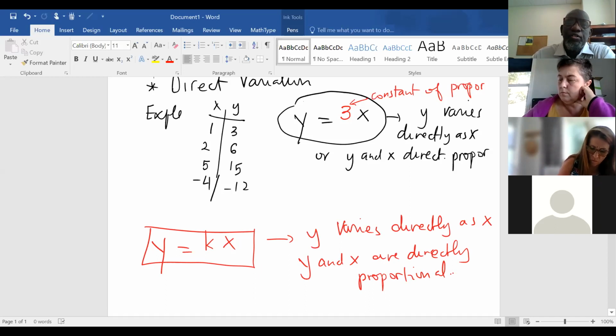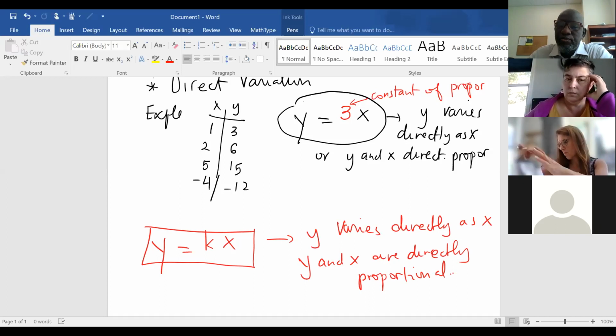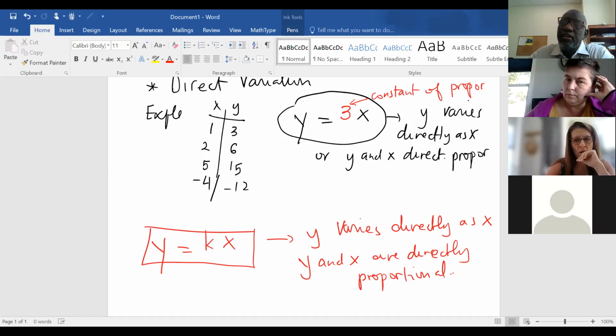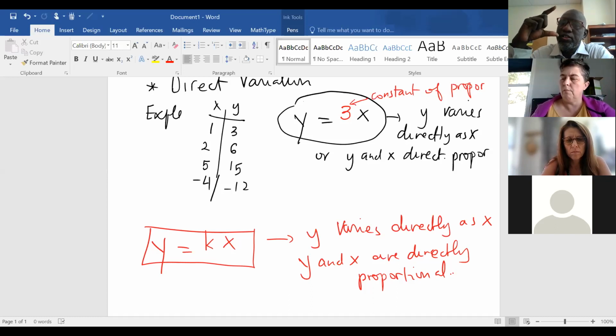Okay, so this concept of proportionality, in our daily life every now and then we have to deal with it. For instance, I have a medicine I want to give to my child, but I look at the proportions, I look at the doses. They say if your child is 20 pounds, give them 5 milliliters of medicine.